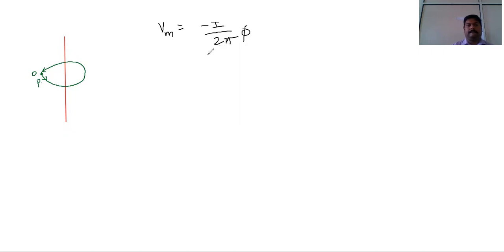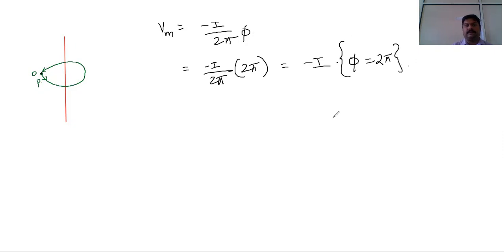So what does Vm become? This will be minus I by 2 pi into the angle I traverse from P to P again, the same point again, 2 pi. So this is equal to minus I, traversing 360 degrees.